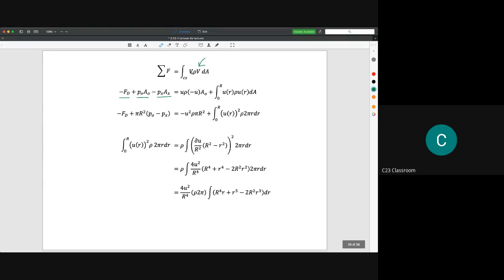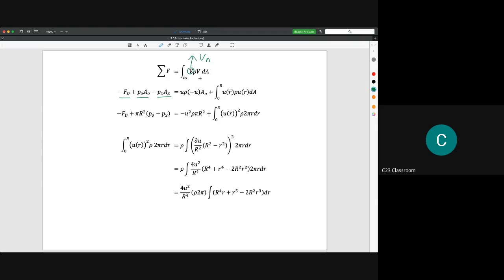So I will write V like this. One of these V is actually Vn, meaning velocity according to the n vector.